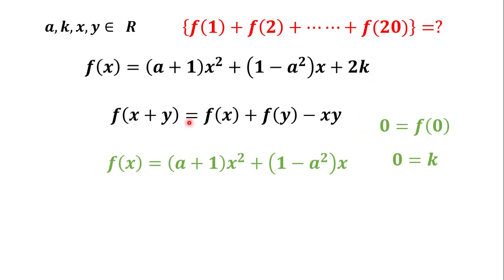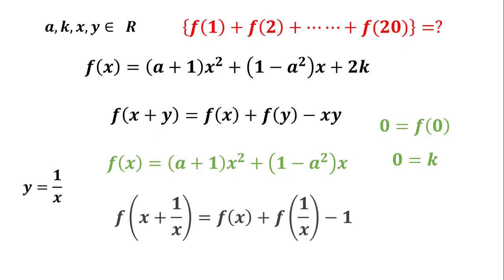In the next step in this equation we put y equals 1 over x, so we're going to get f of x plus 1 over x equals f of x plus f of 1 over x, and x times y, or x times 1 over x, equals 1, and we get minus 1 in here.